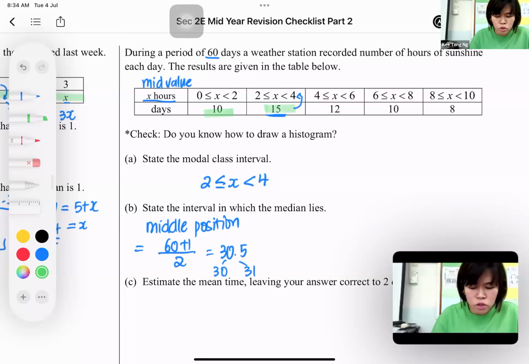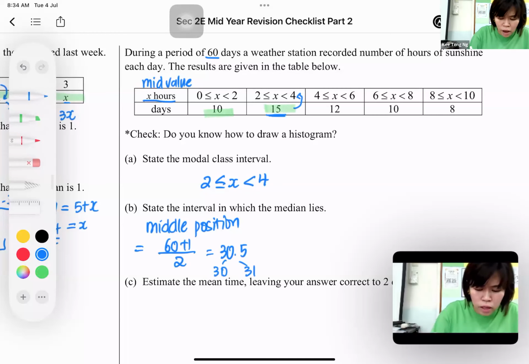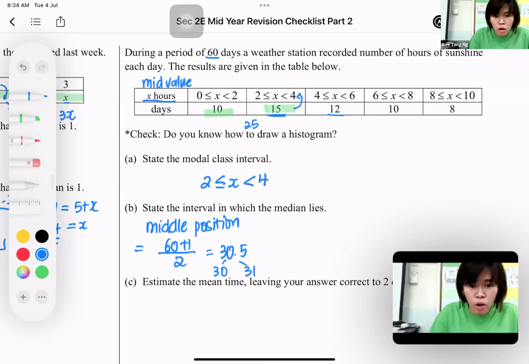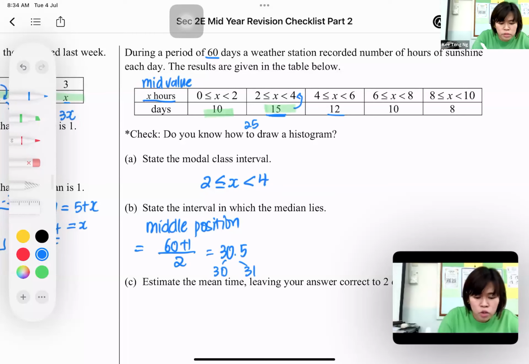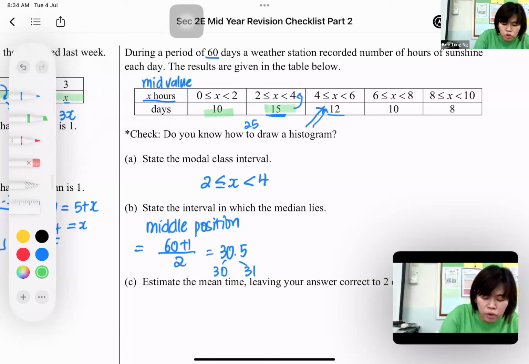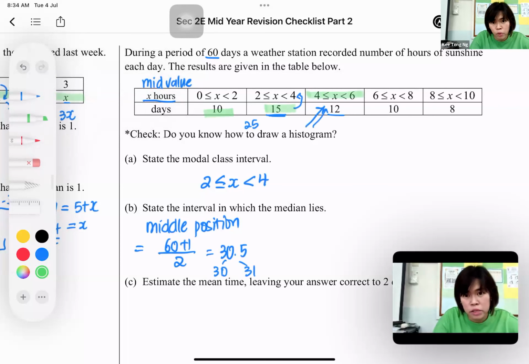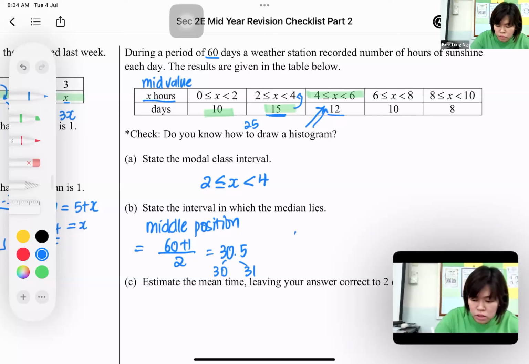There are 15. So total there is already 25 over here. So 25, if I add another 12 more, I will exceed 30, right? So that means my 30th and the 31st person are all inside this interval. So my median interval will be 4 to 6.